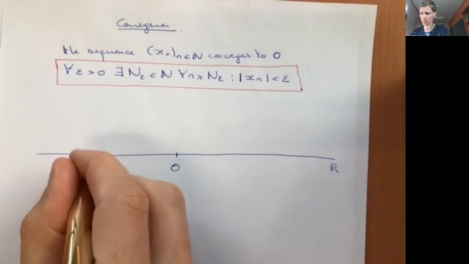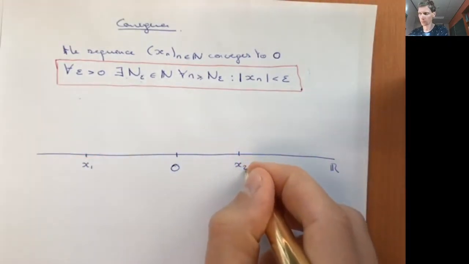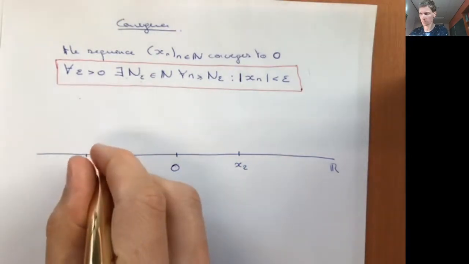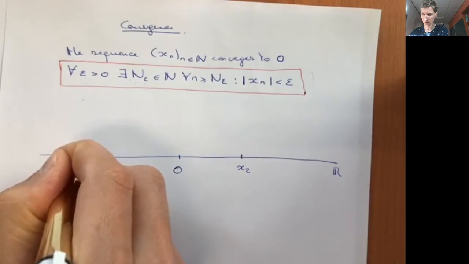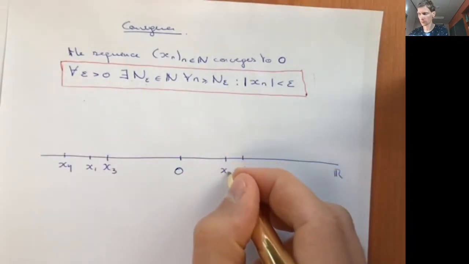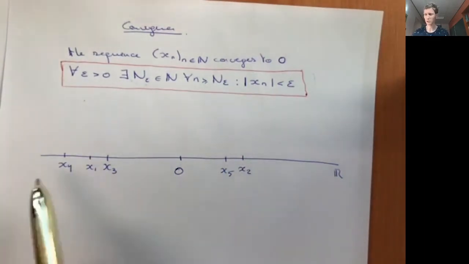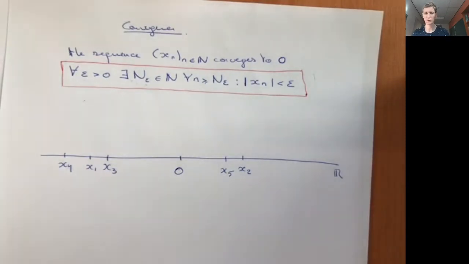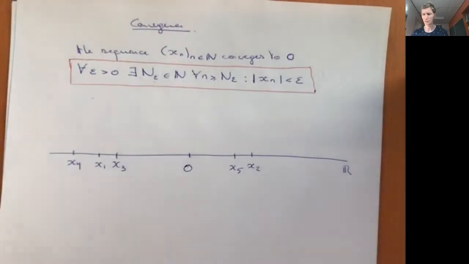So for example, x1 is here, and then x2 might be here, then x3 might be here, x4 might be here, I don't know, x5 might be here, and so on. Okay, so the sequence of numbers, these are just numbers on this line. Okay, you can plot all of them. Of course, you need to plot infinitely many of them, but in principle, this is how it looks.